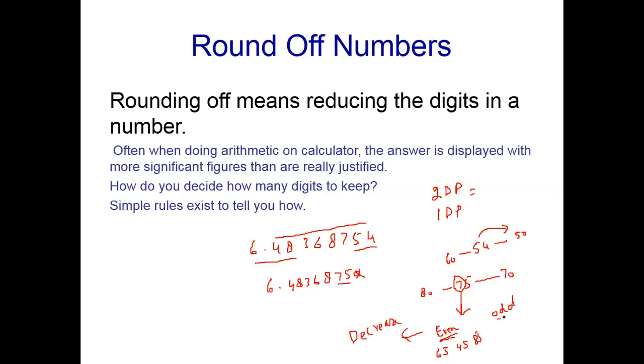But if the number is odd, like 75, 55, 35, 95, then you need to increase it. So now we have 75, and you can replace 75 by 80 because 7 is an odd number.